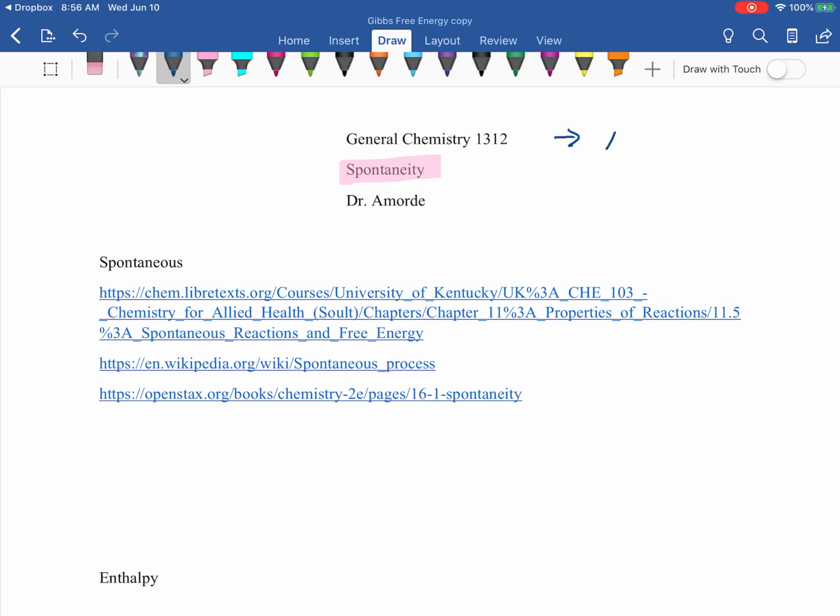What we've looked at so far, we've learned about enthalpy, and we've learned several ways to calculate that enthalpy, coming from our table, our enthalpies of formation and our enthalpies of reaction. And we also learned that sign matters. If you've got a negative, you're exothermic, and a positive is endothermic. We're going to use those today.